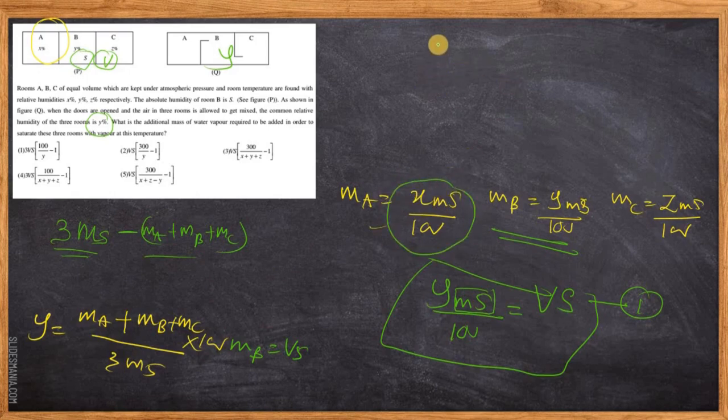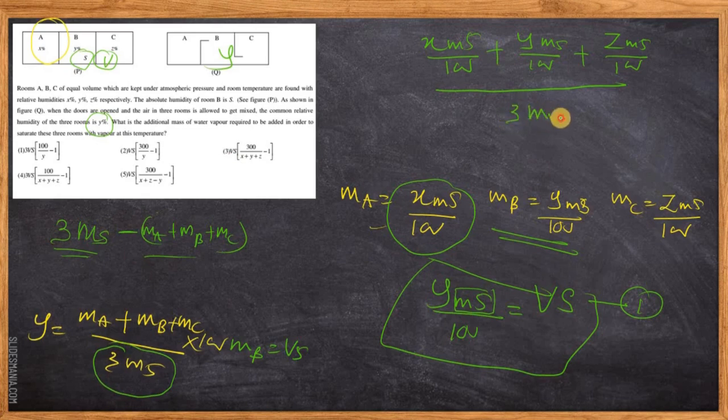So what I can write is X ms over 100 plus, for MB I'm writing Y ms over 100 plus, for MC I'm writing Z ms over 100, that divided by 3 ms into 100, that's Y. Okay, let's do the simplification, multiplied by 100 and ms cancel.